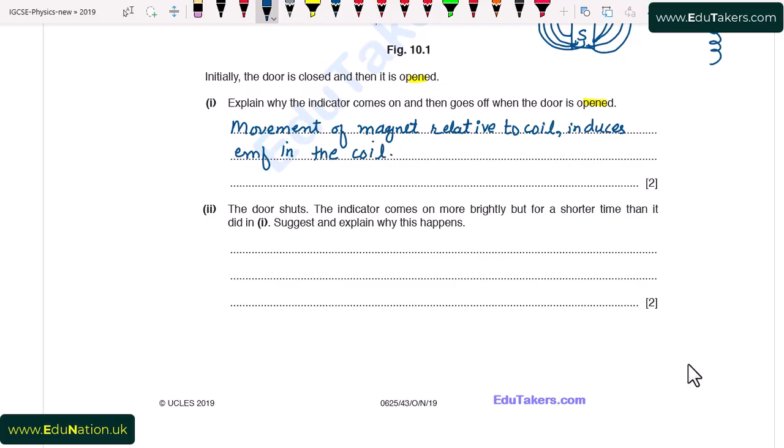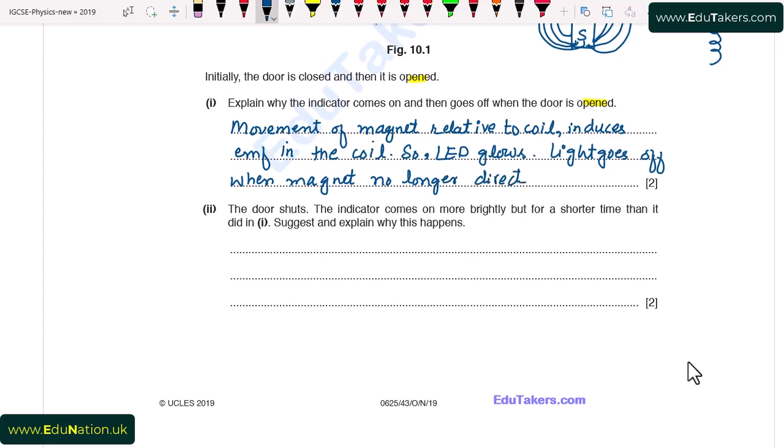So LED glows. Light goes off when magnet no longer directly below the coil. And this is the case when we open the door.